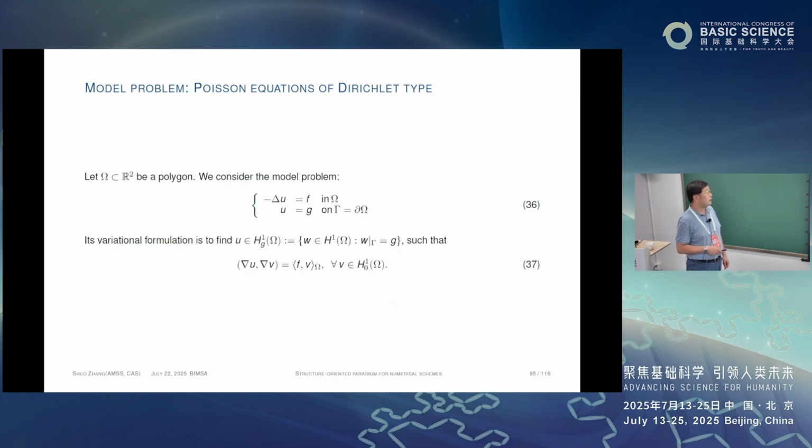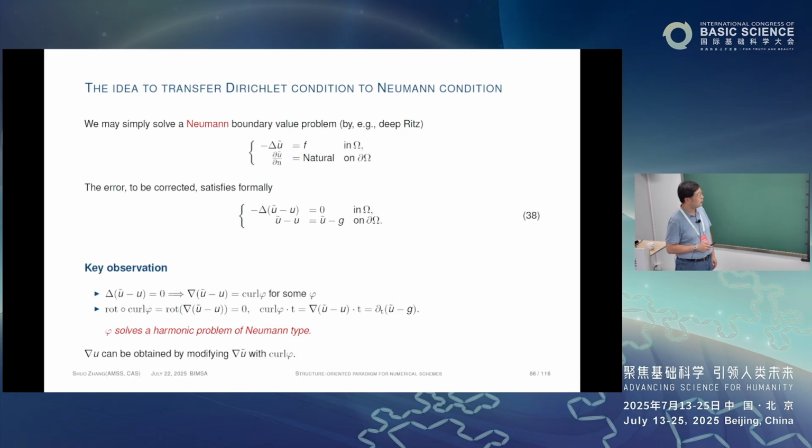We begin with the Poisson equation, but the method can be generalized to wide applications. We can simply solve a Neumann problem, defined as this: Laplacian of u tilde equals f.